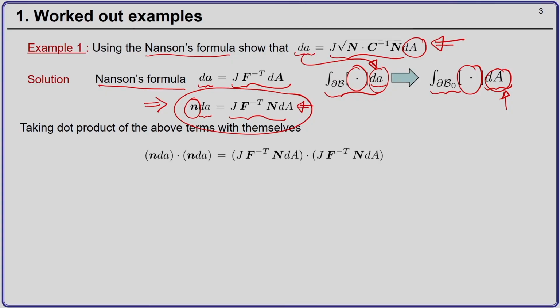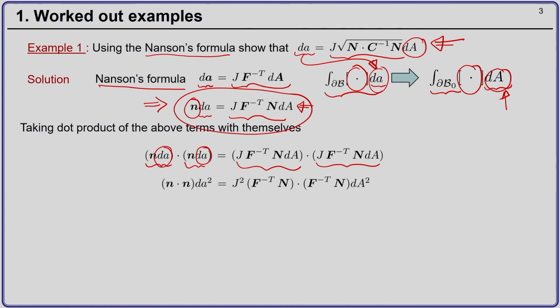So we get n dA dot n dA is equal to J F inverse transpose N d capital A dot J F inverse transpose N d capital A. On the left hand side, dA is a scalar quantity, therefore you can take it outside the bracket, and n dot n is the unit outward normal vector.